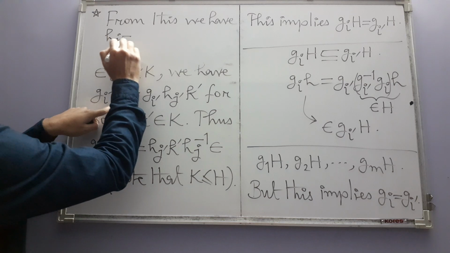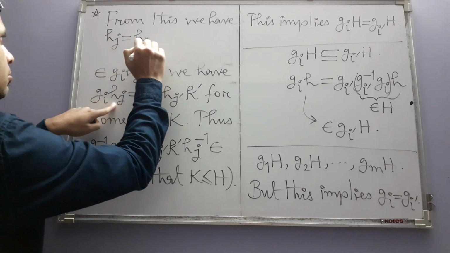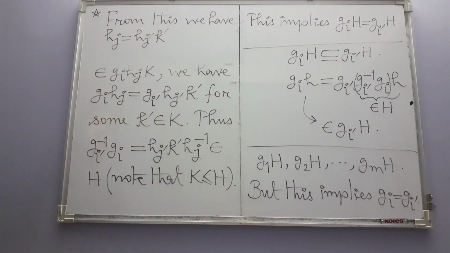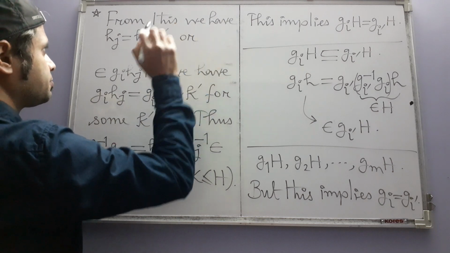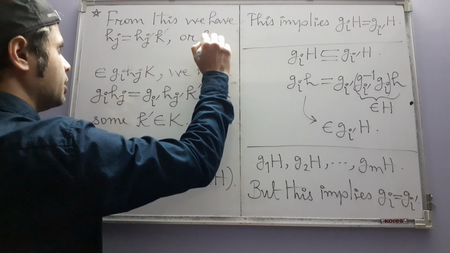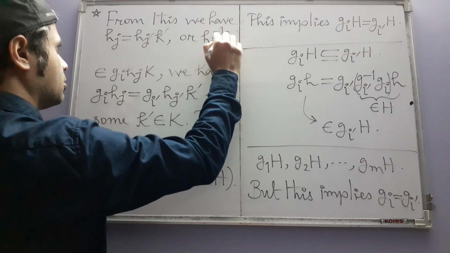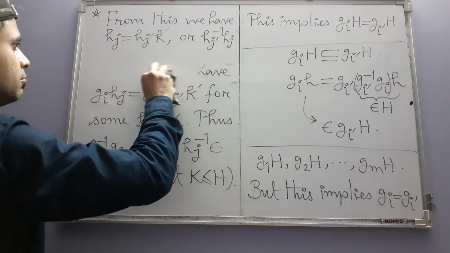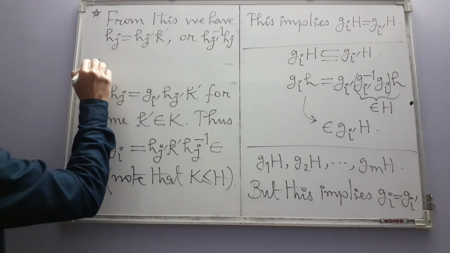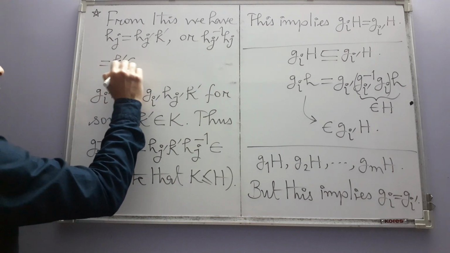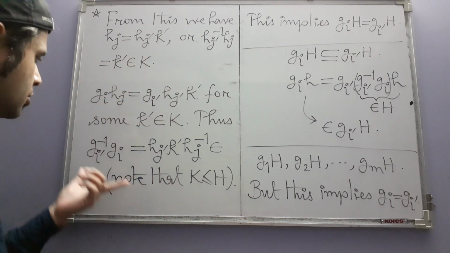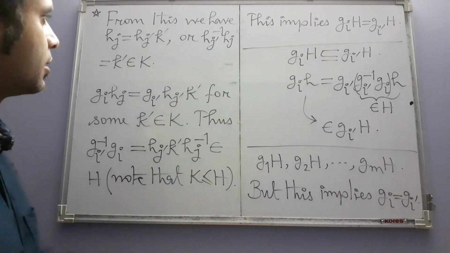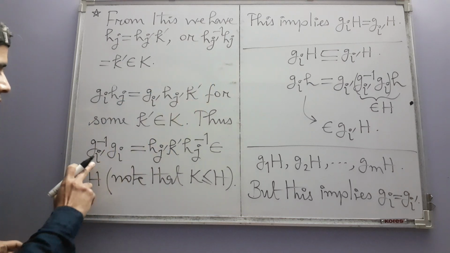Hj is equal to Hj prime k prime, or Hj prime inverse Hj is equal to k prime, which belongs to K. So just like this belonging to H implies that these two left cosets are equal, same thing, all exactly the same structure.